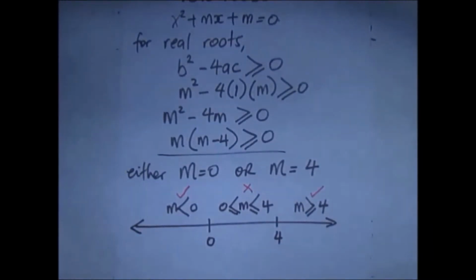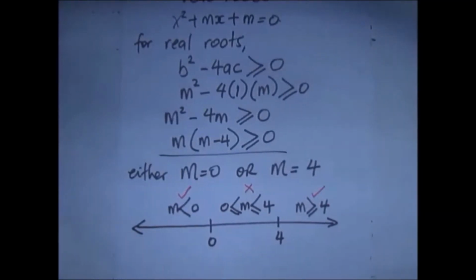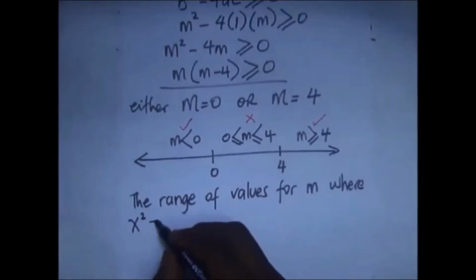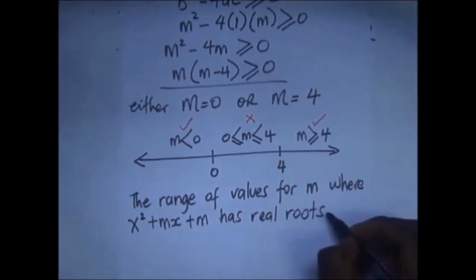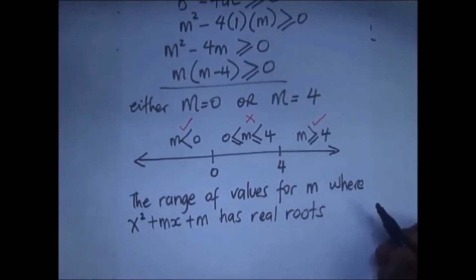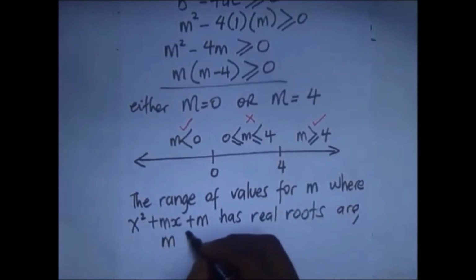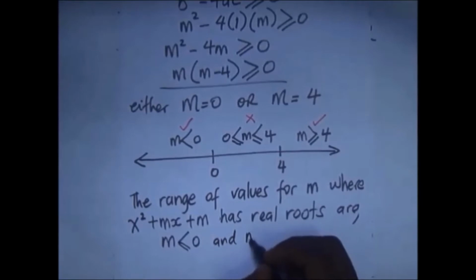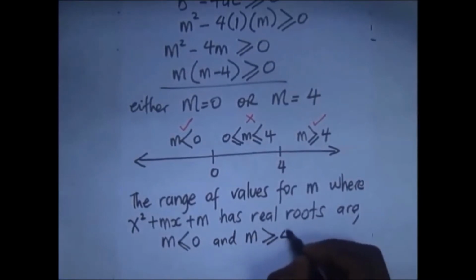So after finding the range of values that satisfy that inequality, we shall conclude by saying that the values of m where that equation has real roots are m is less than or equal to 0 and m is greater than or equal to 4. Those are the range of values.